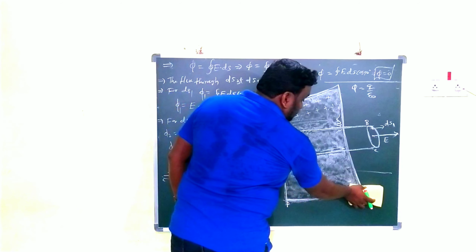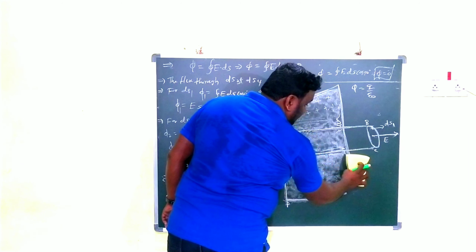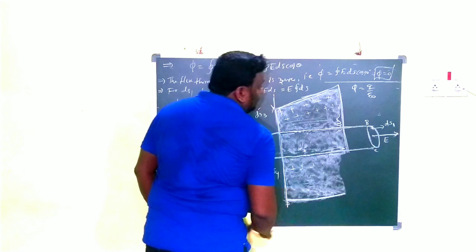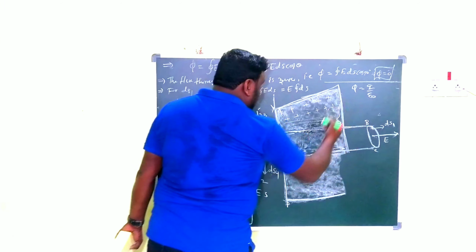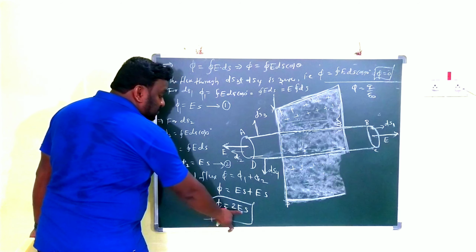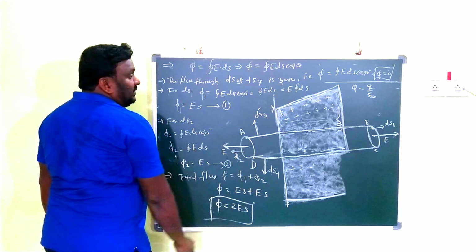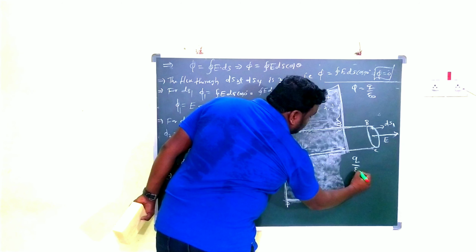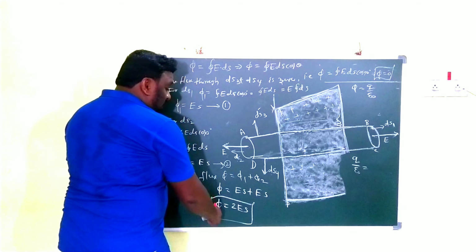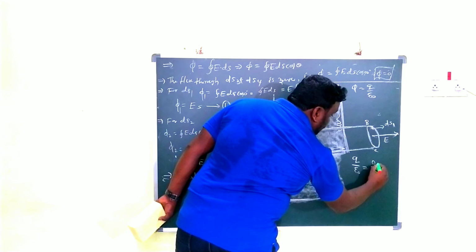So children, for space I am erasing this part here. Phi is equal to Q by epsilon naught. So substitute here: phi is equal to 2ES, and phi is also Q by epsilon naught. Therefore, instead of phi, I am writing Q by epsilon naught is equal to 2ES.